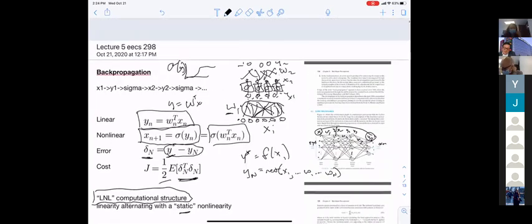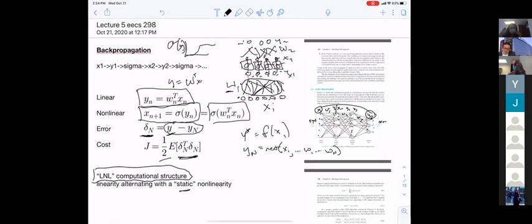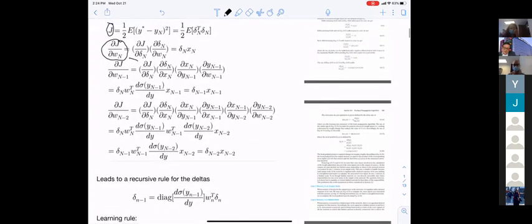So here we use the chain rule to break dJ/dW into dJ with respect to delta n, where delta n is the last layer error, the error at the output of the network, times the partial of the output error with respect to the weight.